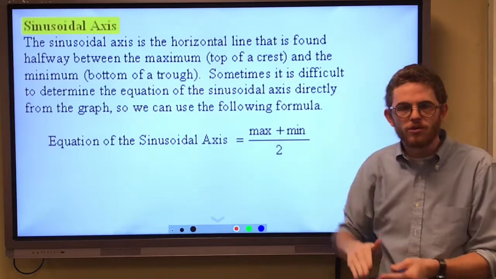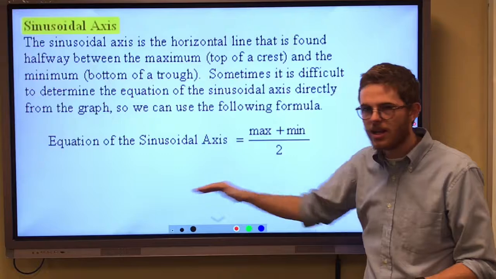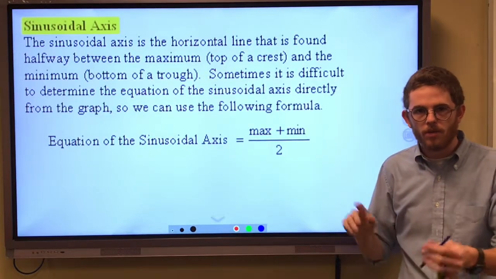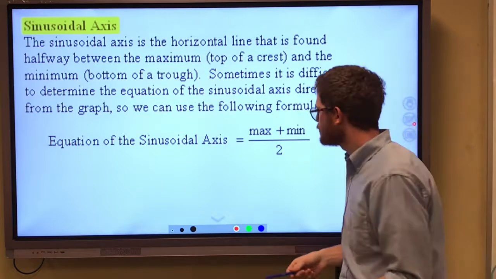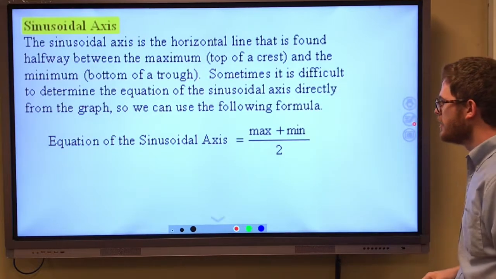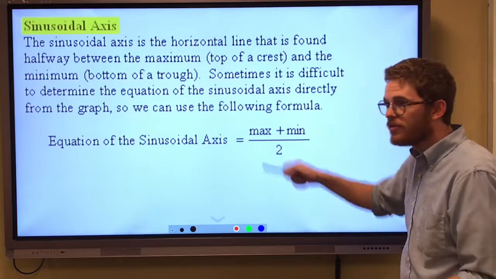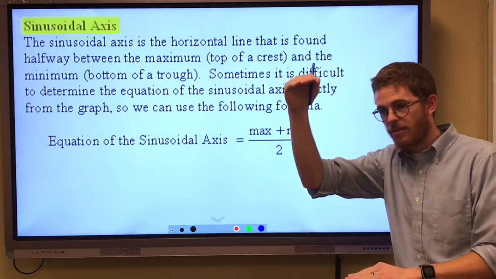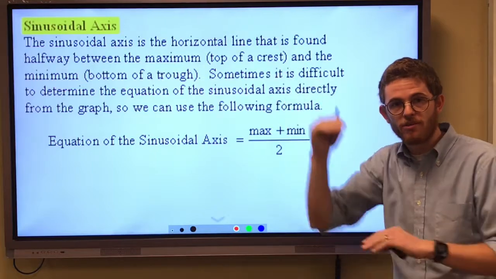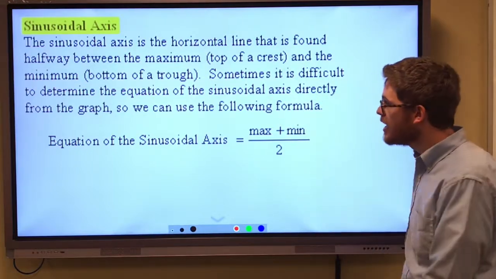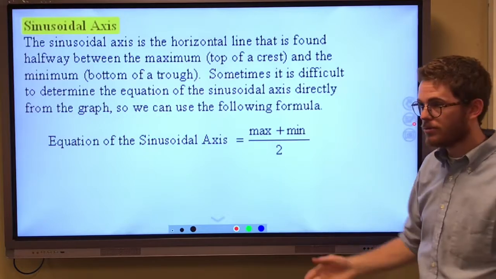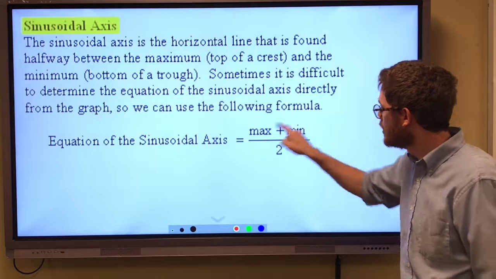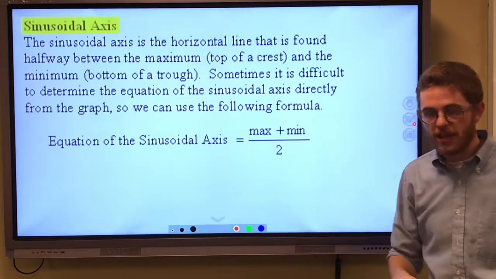We won't be able to fold this over itself, but there's a clear line right smack dab in the middle of our function. To find it, we find the average of the y value for the max and the y value for the minimum. It's going to be y equals the average of the heights.